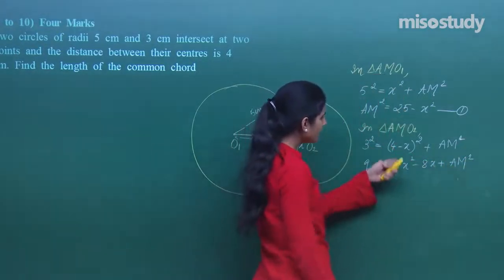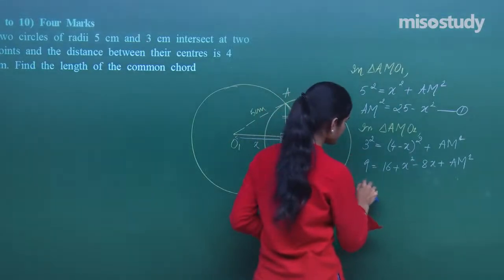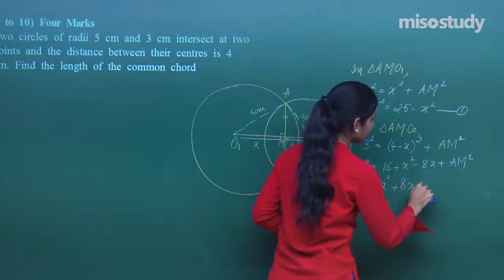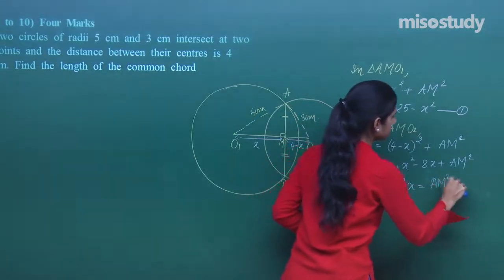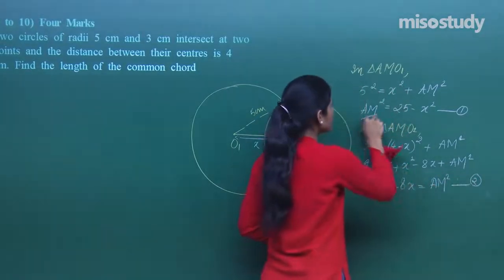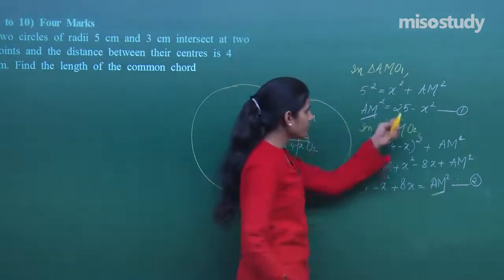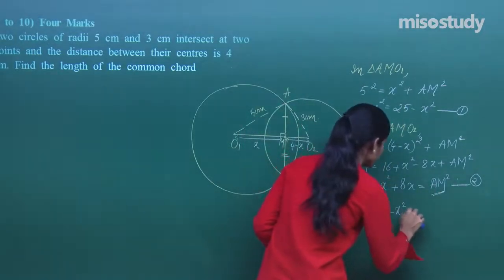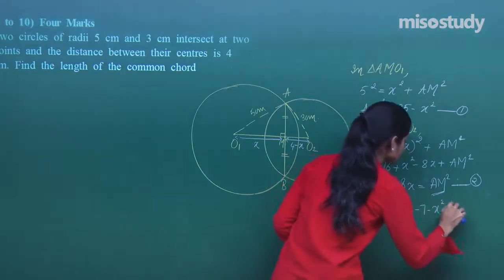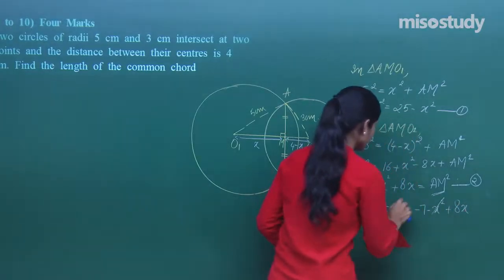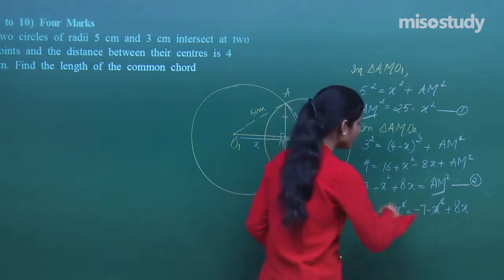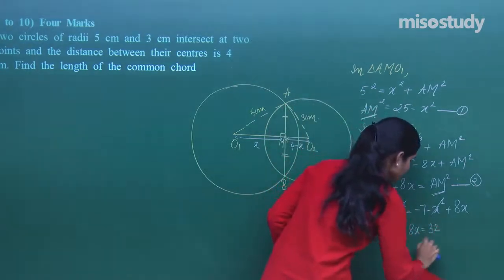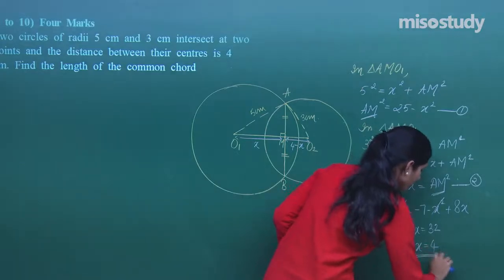You will have 9 minus 16, which is minus 7, minus x square plus 8x equals AM square. This is also AM square, this is also AM square, both these will be equal. You will be getting 25 minus x square equals minus 7 minus x square plus 8x. This gets cancelled out. 25 plus 7 gives you 32. You have 8x is 32, so x is 4.